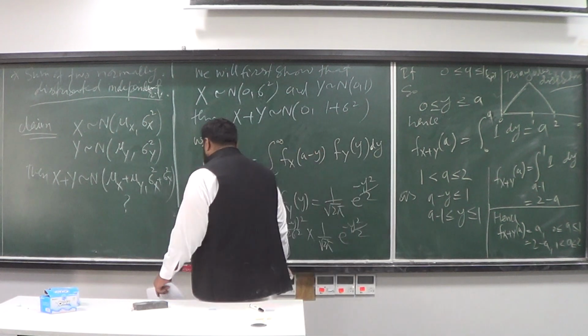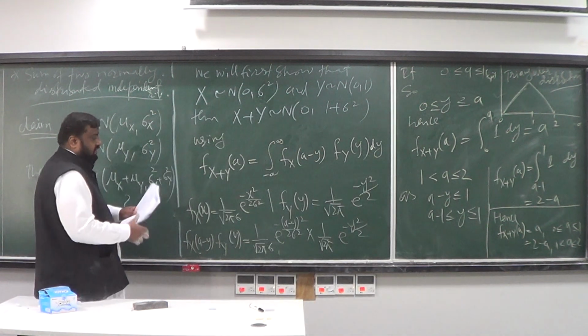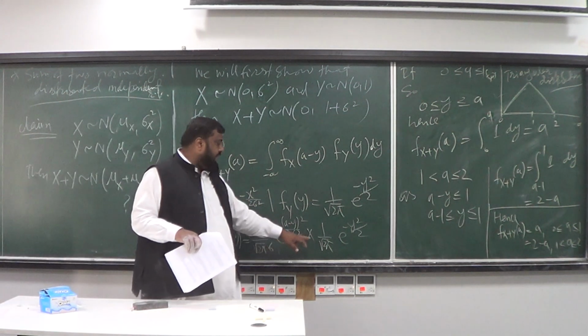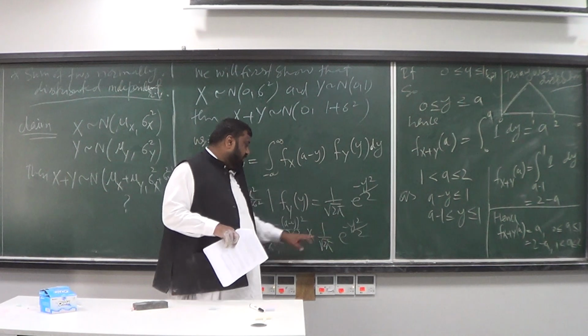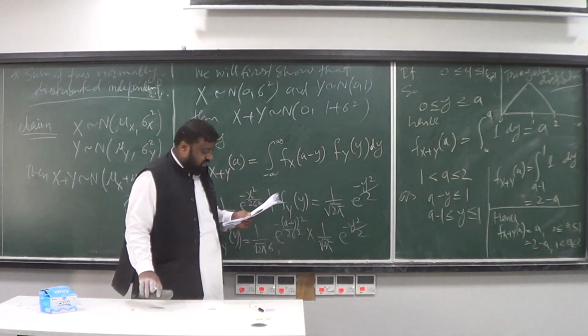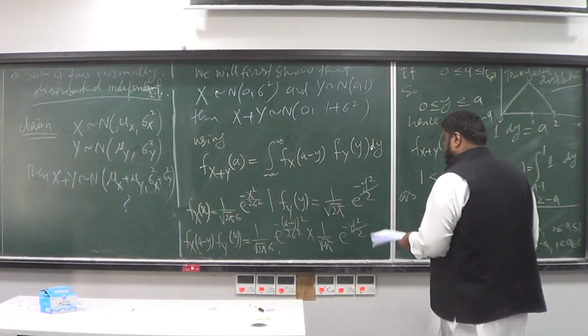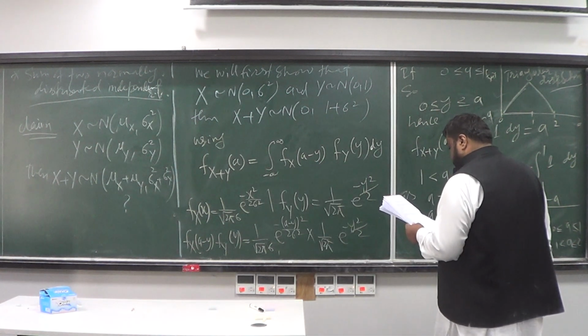If you simplify this, you get 1 over 2 pi sigma and the sum of these two powers.